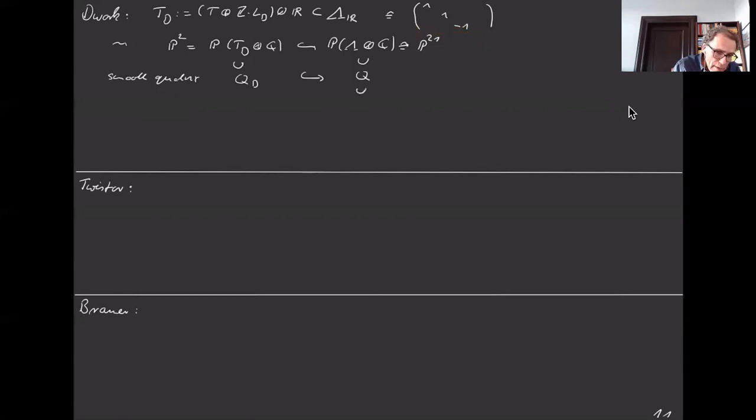The period domain D intersected with Q_D, the Dwork quadric, is then the Dwork period domain. Now there's a real condition, and it turns out that this has two connected components.